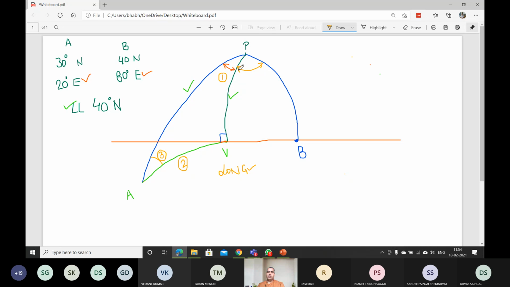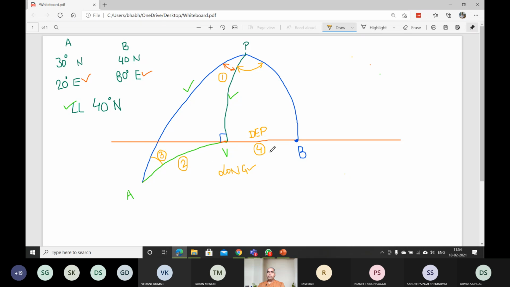Once you have this D long, you can calculate distance Victor Bravo. This is calculated using parallel sailing, exactly as we did in our composite sailing question. So this is calculated as departure, which will be equal to D long into cos of m lat. So this is item number 4, which we will be calculating.